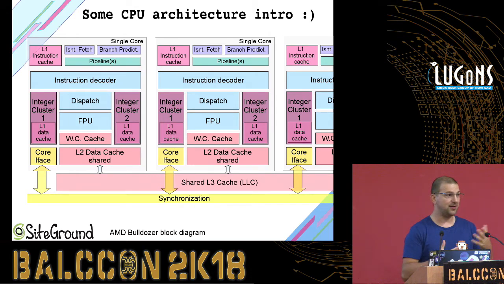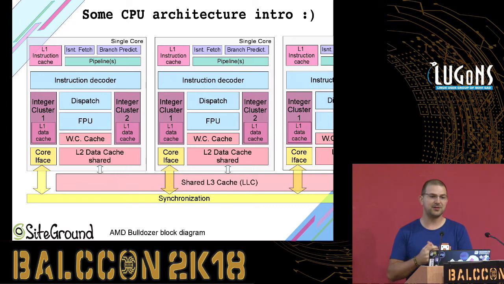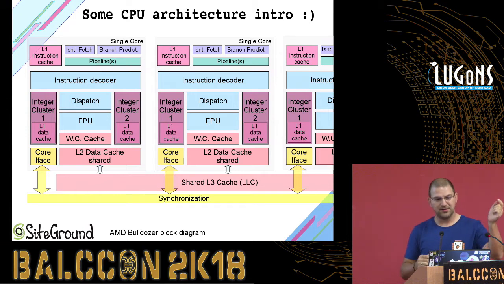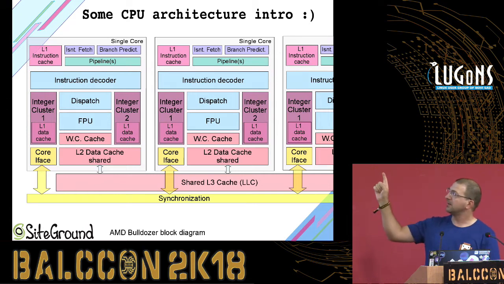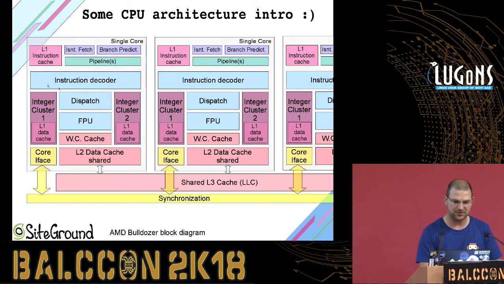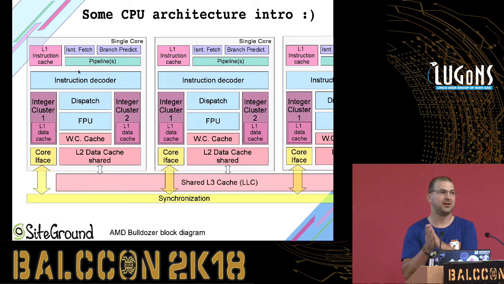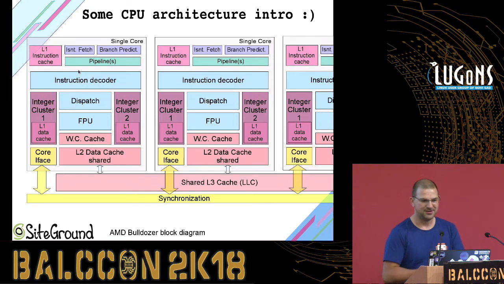So you have the instruction fetcher. This part of the CPU actually gets your instructions and converts them into a different thing. I'll explain in a bit. All of these instructions go to the pipeline, and this top part of the CPU is sequential. This is fine. You know that everything is executed in order there.